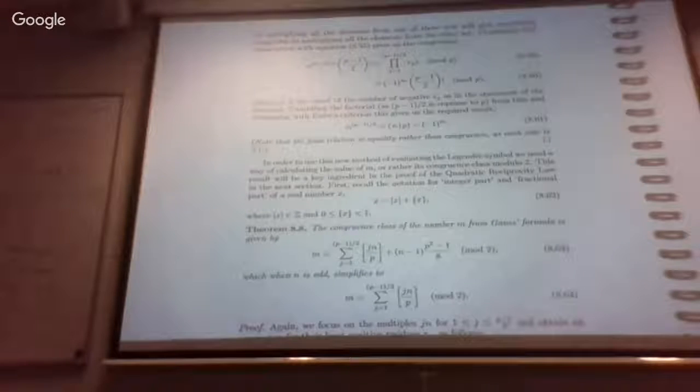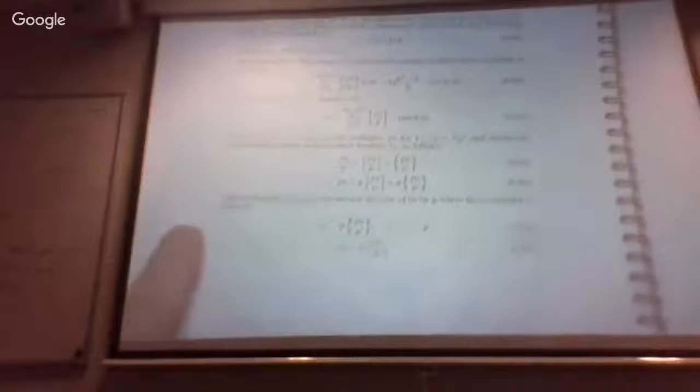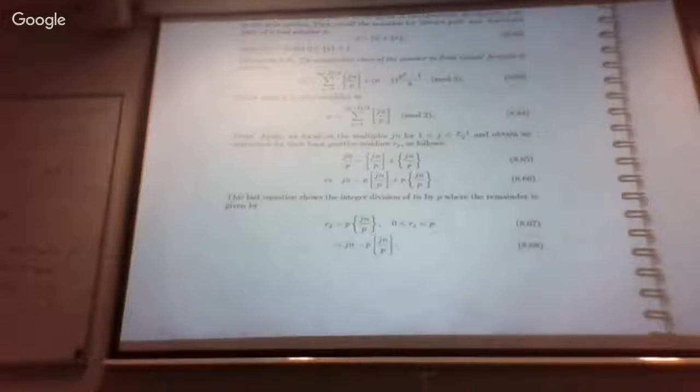Theorem 8.8 focuses on this number m. This is the one where I'm just going to look at the statement of the result and then see how it's applied to prove quadratic reciprocity.